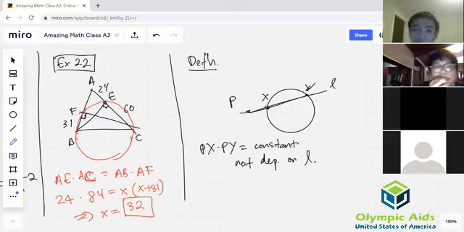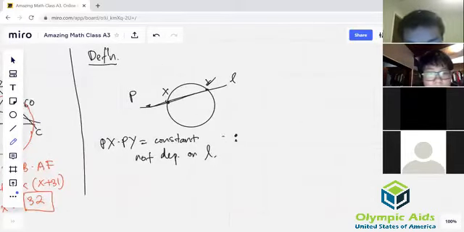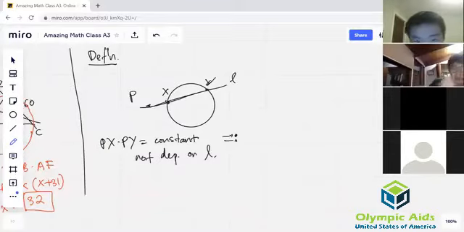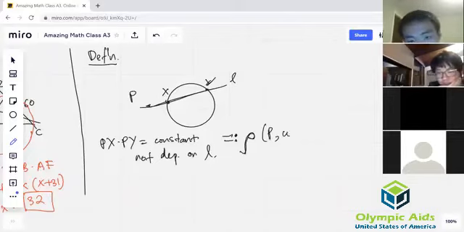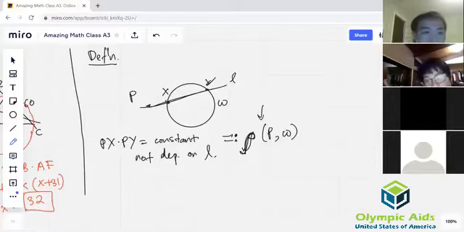So we can actually give this value a name. We're going to define it as rho of P, omega. The circle is omega, the point is P, and this is just some function. I'll call it rho. And this is this quantity right here.